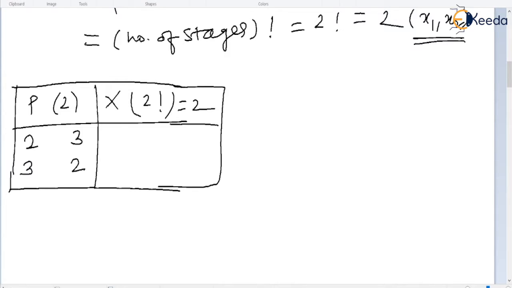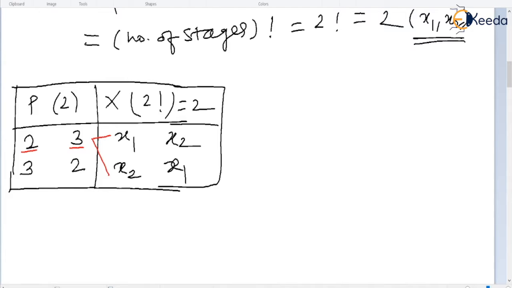Now how can we write that? First we will write X1, then X2, then we reverse it and write X2, then X1. Now if we check, how will we get 4 different combinations? First we take 2 and 3 and get the combination with X1 X2, and the other combination with X2 X1.